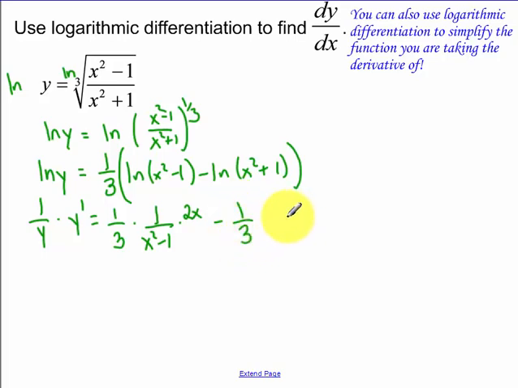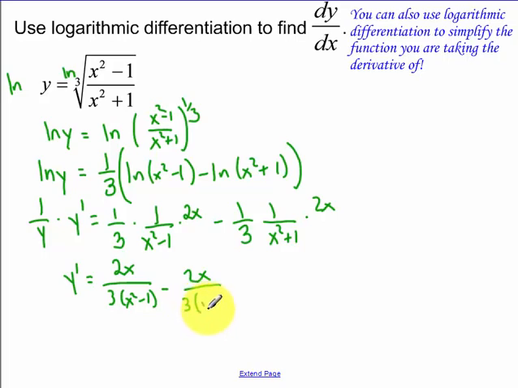Distributing the 1/3 to both terms, 1 over the inside times the derivative of the inside. So y prime is equal to 2x over 3 times x squared minus 1, minus 2x over 3 times the quantity x squared plus 1.